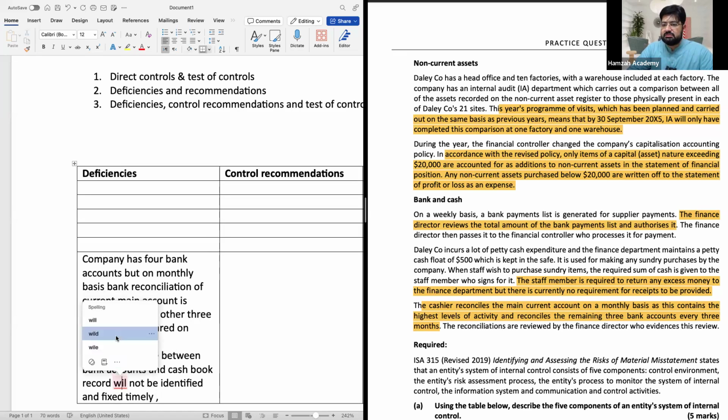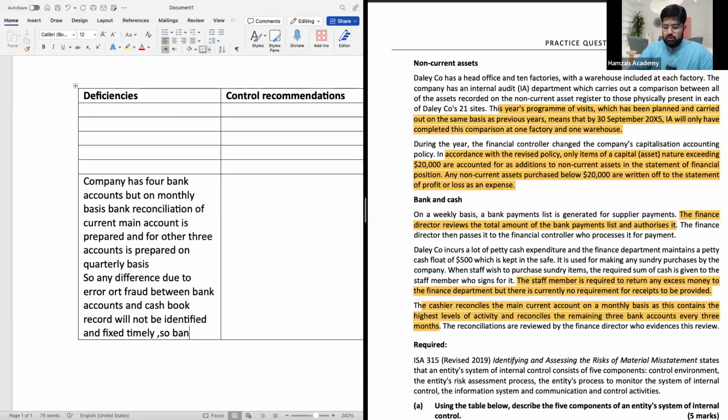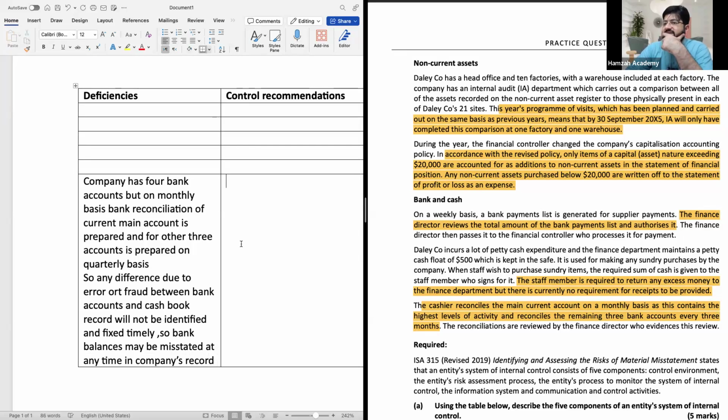Any difference due to error or fraud. So bank balances may be misstated at any time in the company's record.